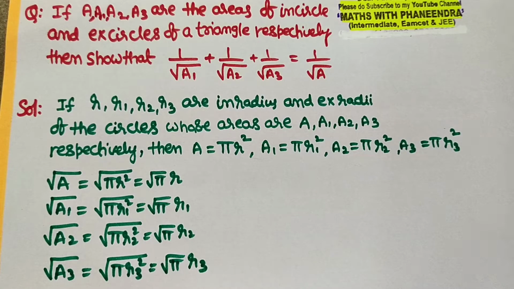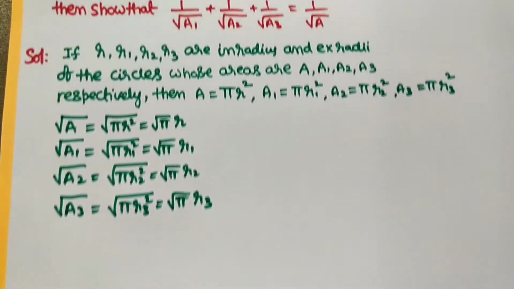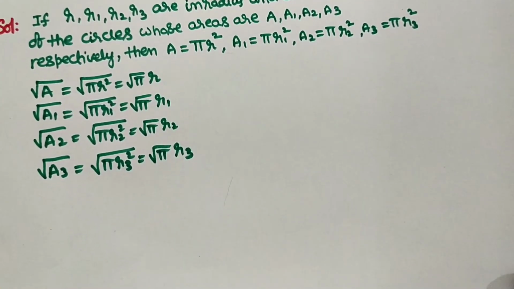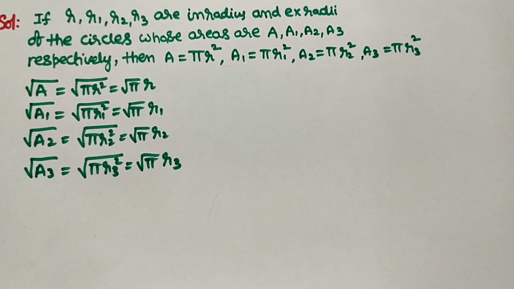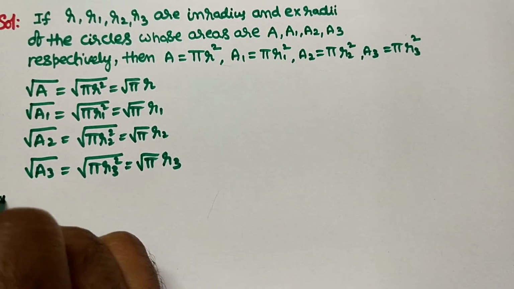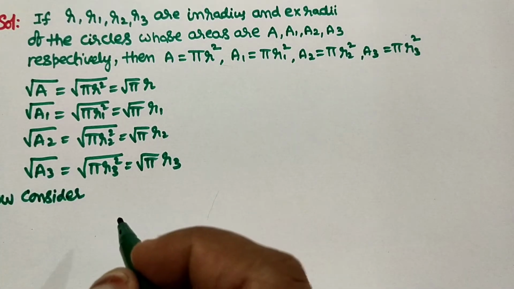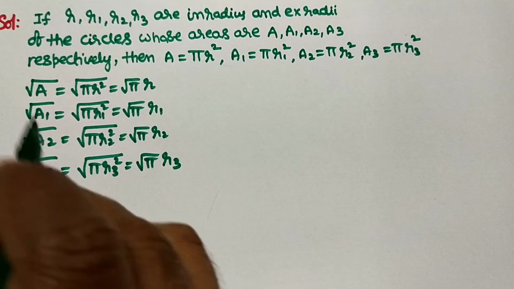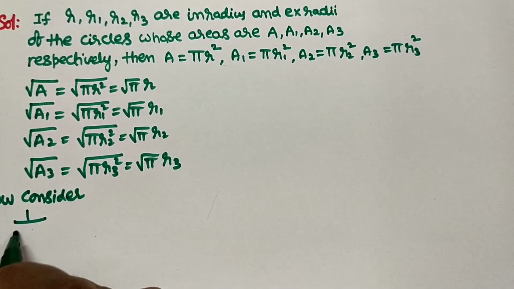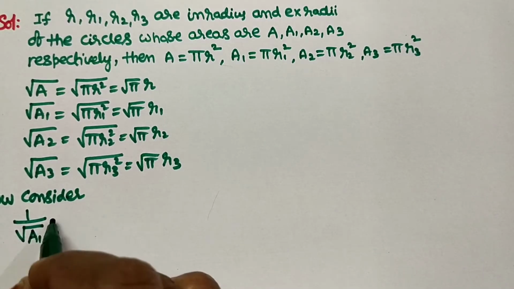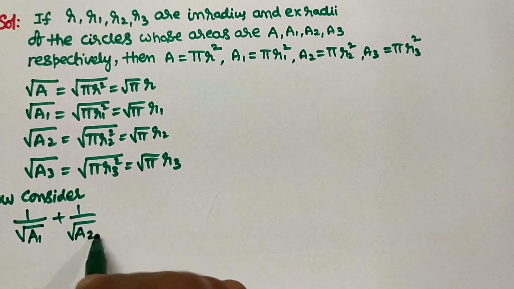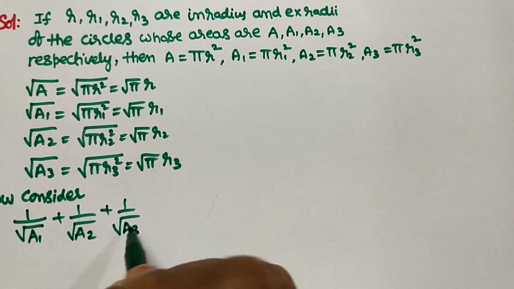After getting these values, what do we have to do? Consider LHS, that means 1 by root A1 plus 1 by root A2 plus 1 by root A3.